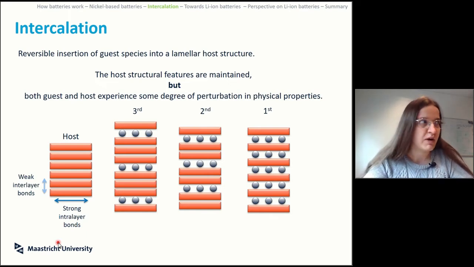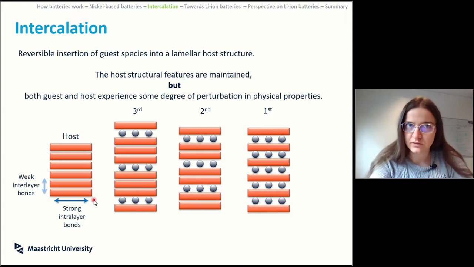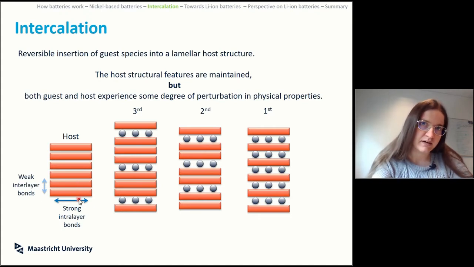So in order to have a nice intercalation process, you need a very strong bond within the layer, so the intra-layer bond must be strong, and the inter-layer bond, between two different layers, must be weaker.